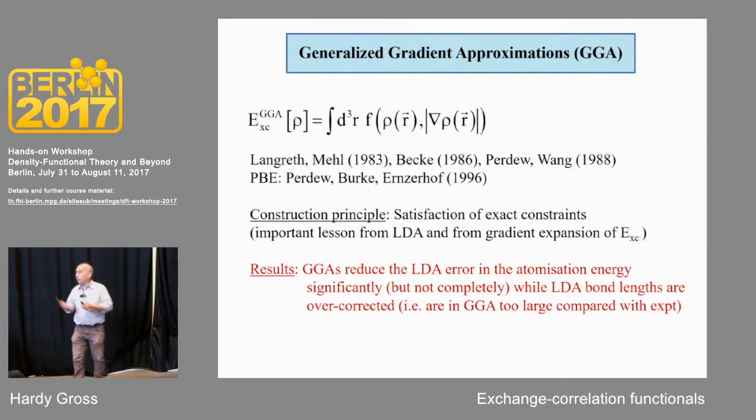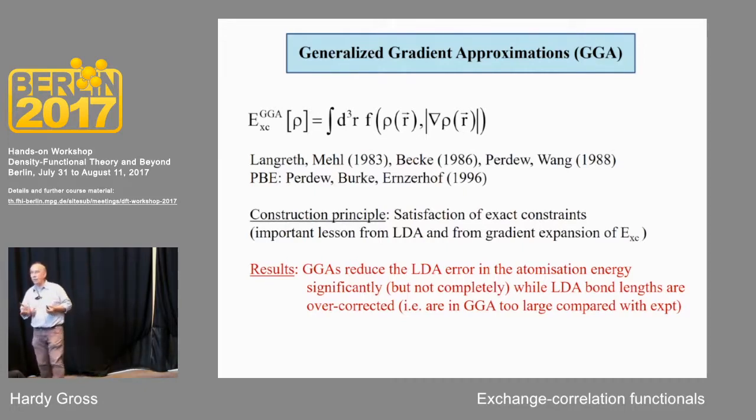And how do you construct a good functional? Well, it's the lesson that we have learned from LDA. You need to write down features of the exact functional, and in the construction of your approximate functional, you use those as constraints. So you try to satisfy as many such conditions as possible.